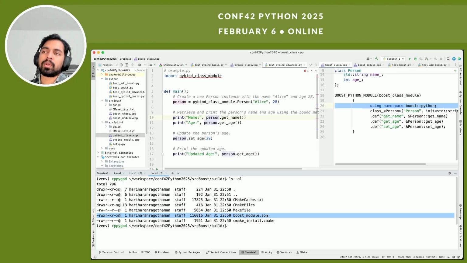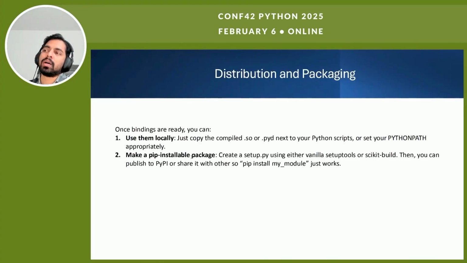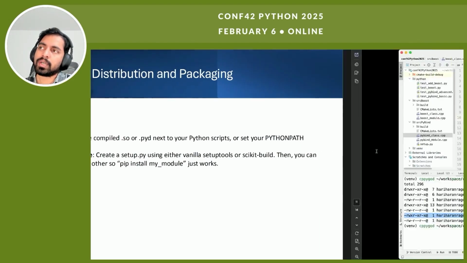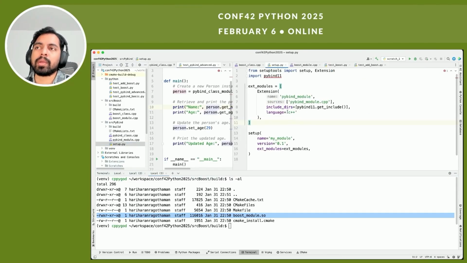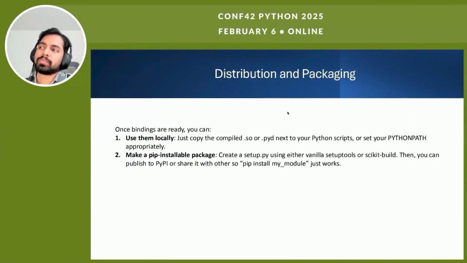But for larger projects, the idea is to create a pip installable package, where you use setup.py or scikit-build, to publish to PyPI or any other container registry of the user's choice. So I have a simple setup.py through which I could push the PyPI module to a container registry of my choice, and others can just grab that module, install it in their virtual environment, and then run their scripts.